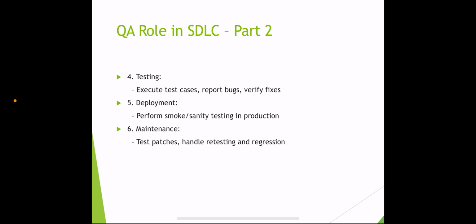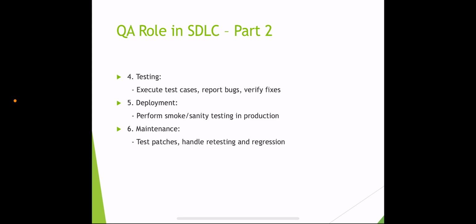If the bug is fixed, they mark it as a pass. Those particular things we will see in upcoming lectures in detail, so you don't have to worry about this concept. Each and every concept we will discuss in our upcoming lectures. Here you can just focus on the flow of the software development lifecycle.